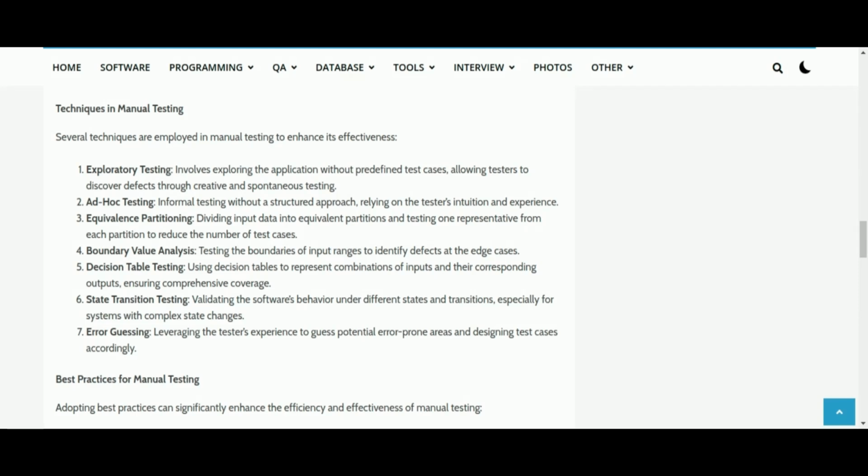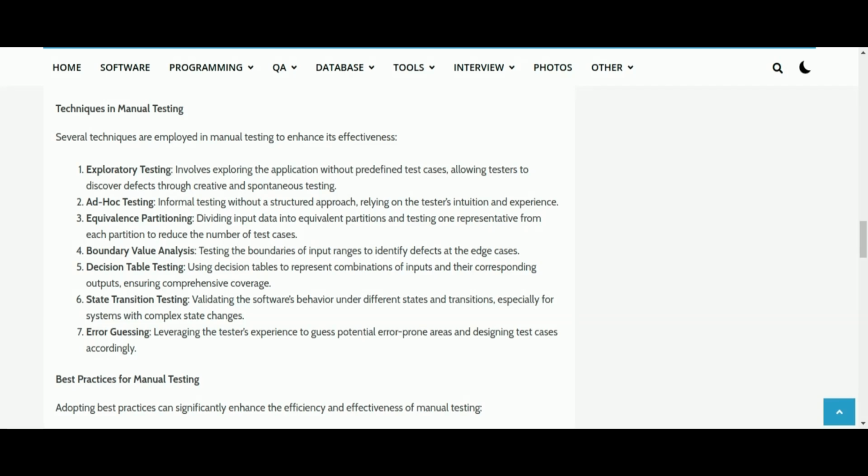Decision table testing: using a decision table to represent combinations of inputs. So I will use a decision table to represent the combination of inputs and their corresponding outputs, ensuring comprehensive coverage.